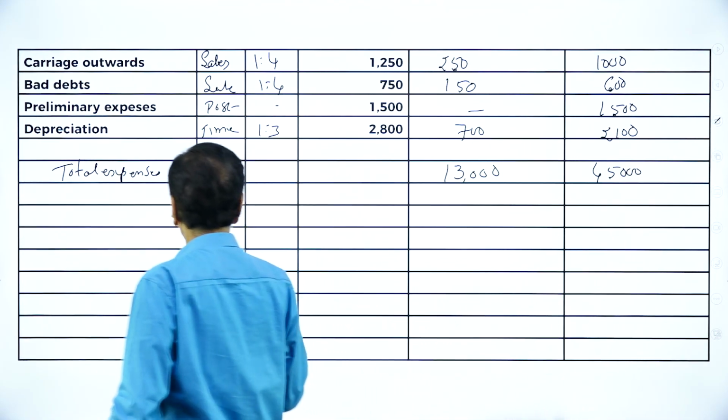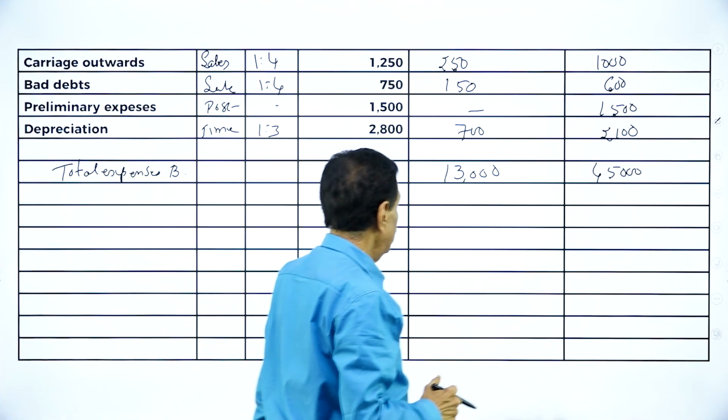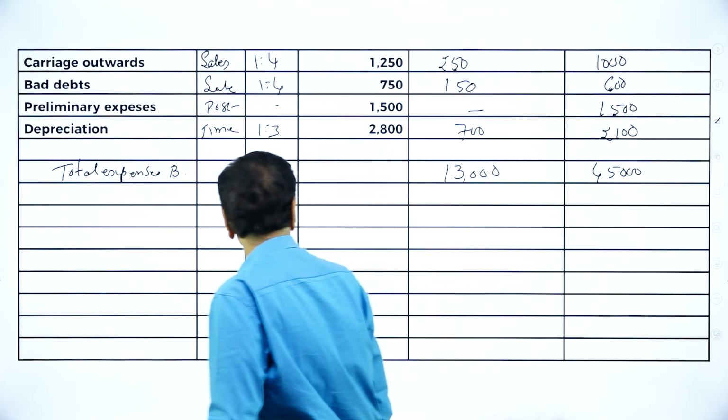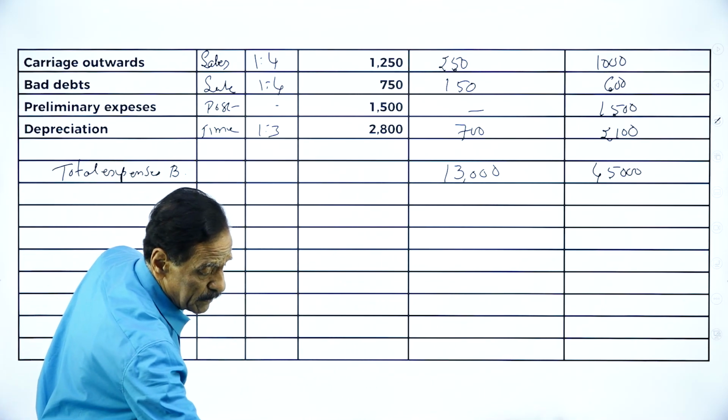You call this as B. So 13,000 pre-incorporation expenses, 45,000 post-incorporation expenses.